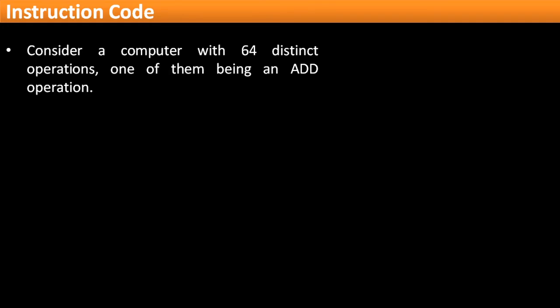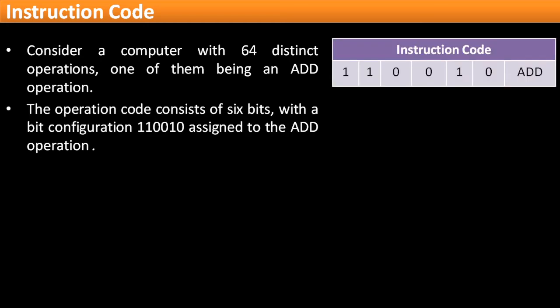So let us try and understand a computer which is having 64 distinct operations, one of them being an add operation. Now we are just taking a hypothetical computer and a typical example here. So let the instruction code be 110010.